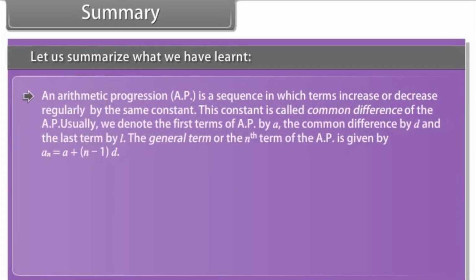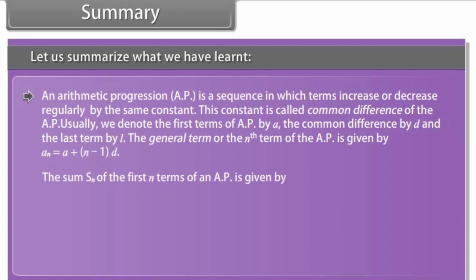An arithmetic progression, AP, is a sequence in which terms increase or decrease regularly by the same constant. This constant is called the common difference of the AP. Usually we denote the first term of an AP by A, the common difference by D, and the last term by L. The general term or the nth term of the AP is given by a formula, as is the sum Sn of the first n terms.